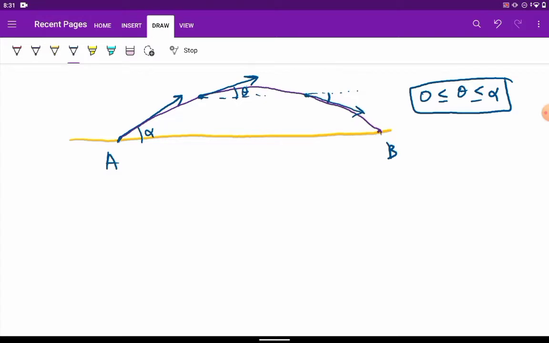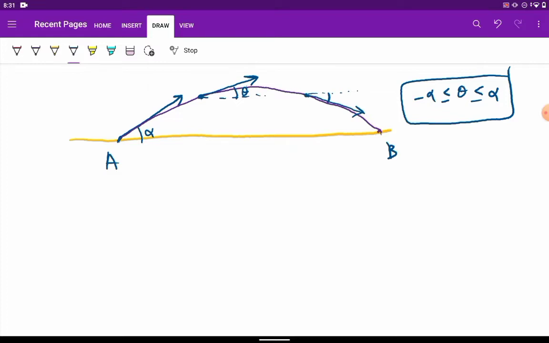So actually, I was wrong. It should be varying from minus alpha to alpha, both inclusive, right? So let's say at some time t, it is making an angle of theta to the horizontal.